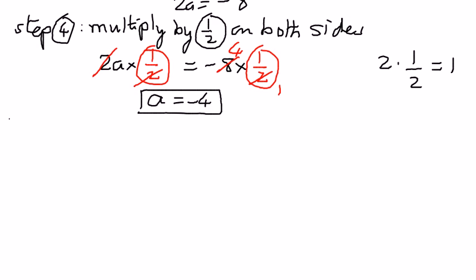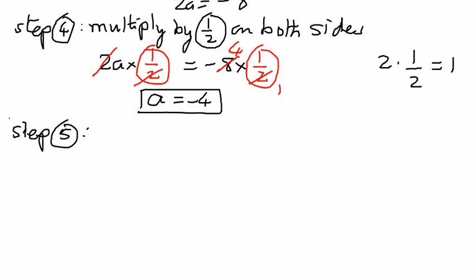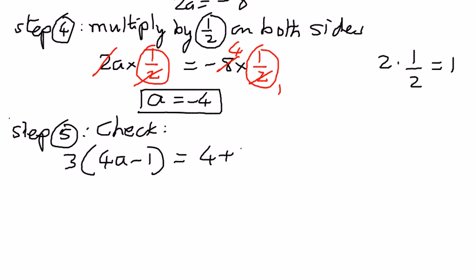We want to be able to check our work, and we will try to get that in this next step. Step 5, we'll check our work. How do we do that? We're going to substitute the value of a into the given expression. The given expression for us is 3 times (4a minus 1) is equal to 4 plus 5 times (2a minus 3).